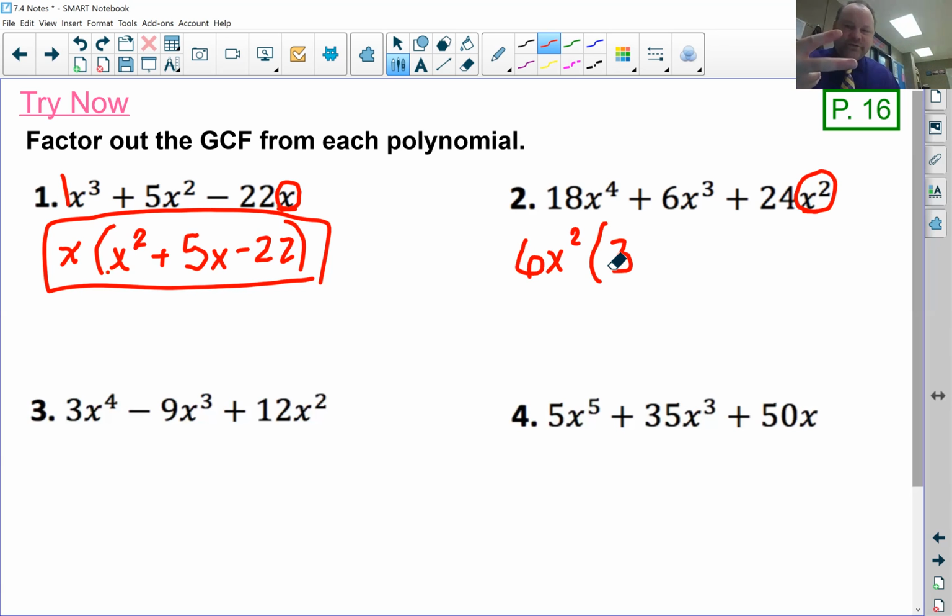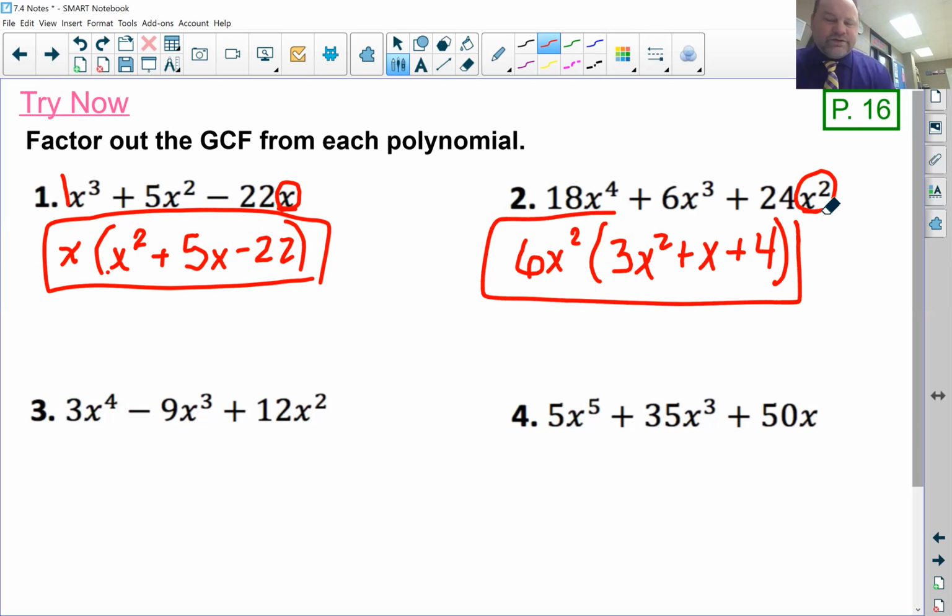We factored out 2 of the x's. We're left with x squared. 6 divided by 6 is 1. We had x cubed. We factored out 2 of the x's. That leaves us with x. 24 divided by 6 is 4. We had x squared. We factored out 2 of the x's. So there's our expression.